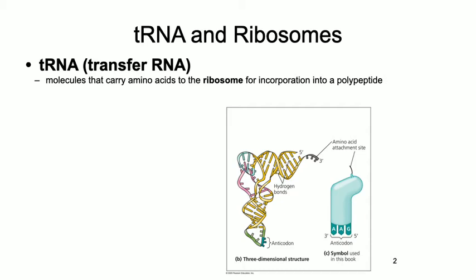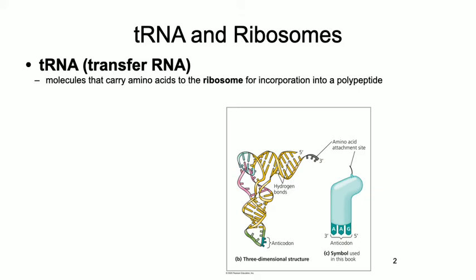tRNAs have this structure all the time, and there are many different types of tRNAs. The only difference between them is this 3 nucleotide section at this bottom end that's called the anticodon. It varies in what nucleotides are there.